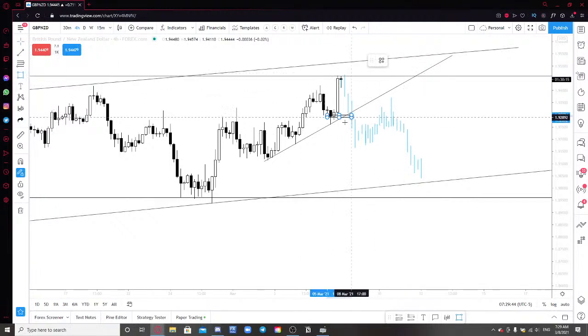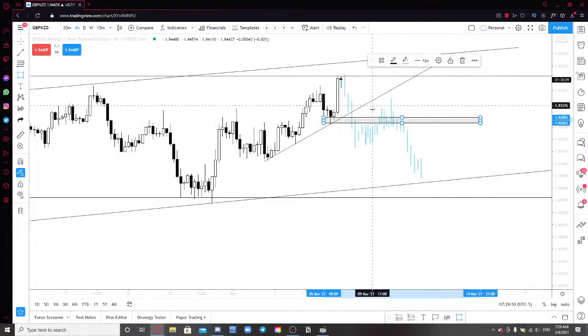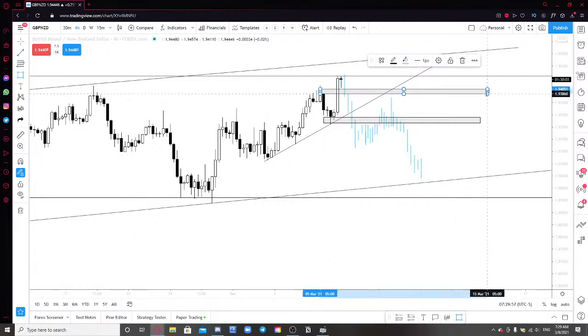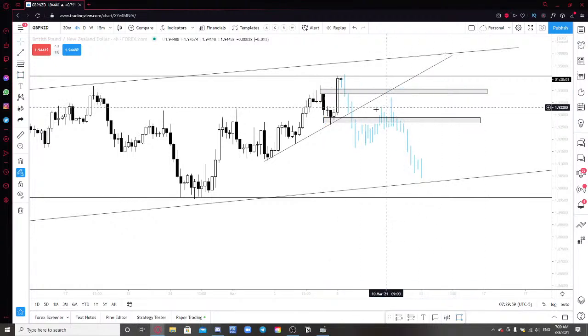The first area is if price breaks below here pretty strongly. The first area I'm looking for price to test is here. And if price comes down, doesn't come too far past this area, I'm looking for price to test this area here. It all really depends on how aggressive this impulse is or where this impulse goes down to.